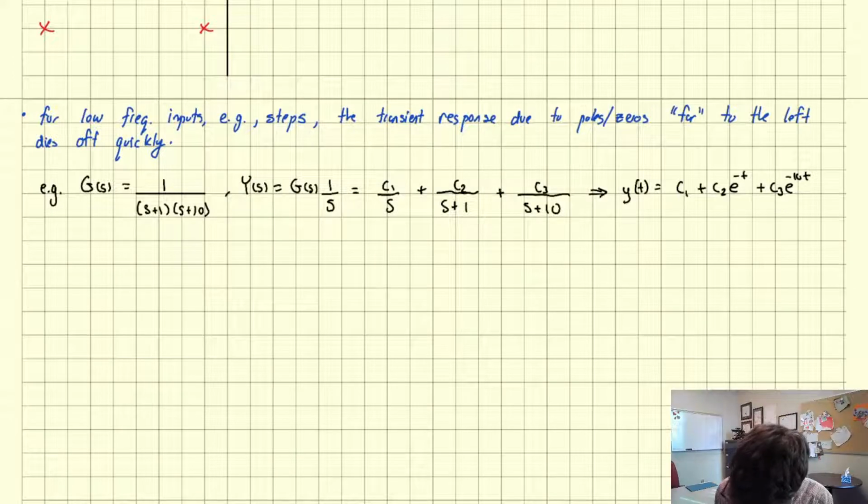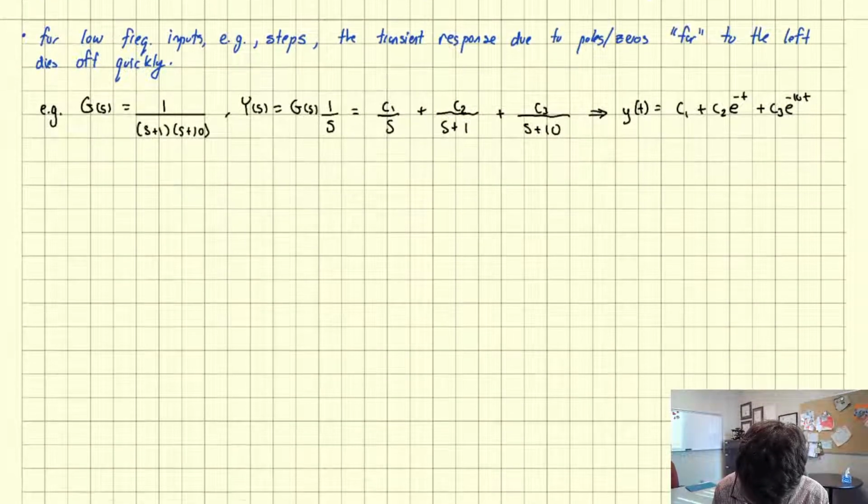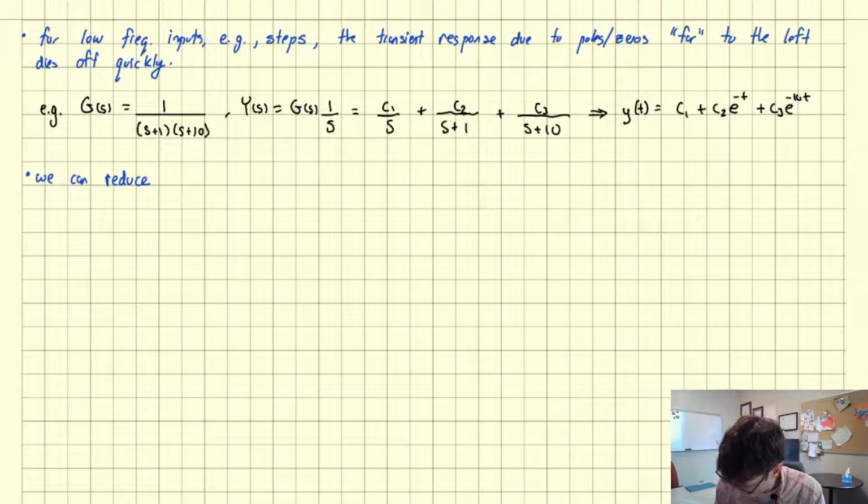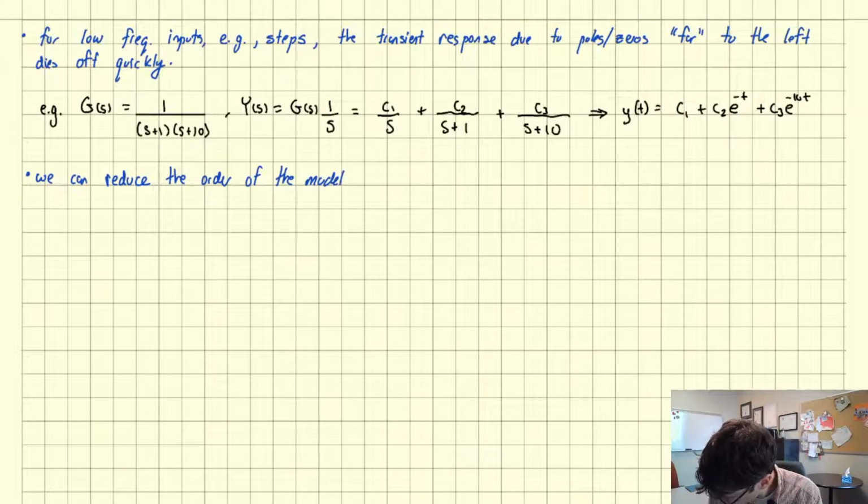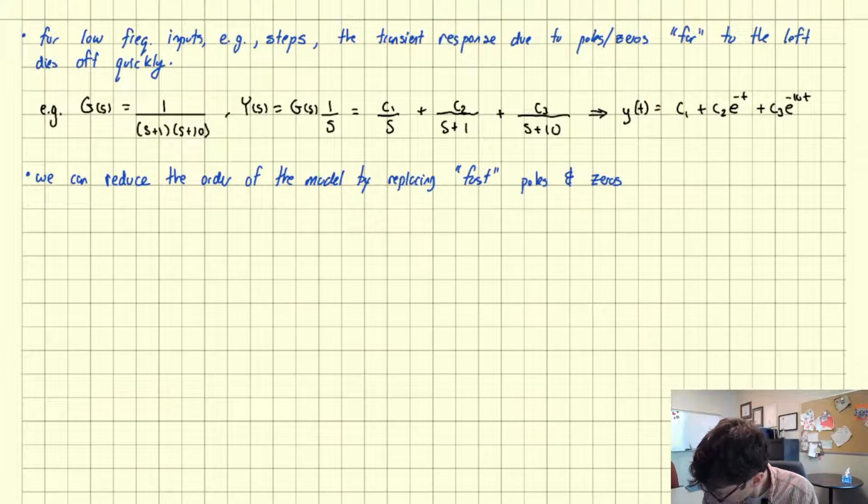So we can reduce the order of the model by replacing quote-unquote fast poles and zeros with their steady state gain.